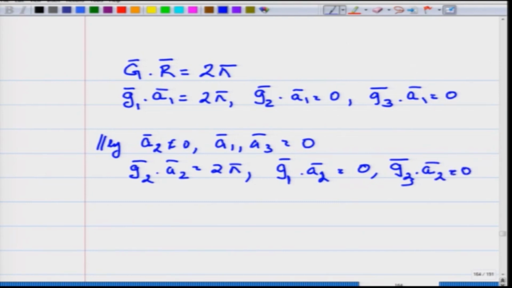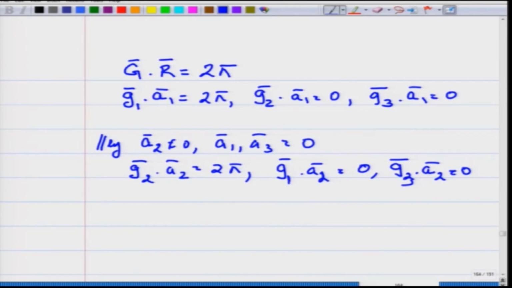So the above condition, G1 dot A1 equal to 2 pi and G2 and G3 dot A1 equal to 0, suggests that G2 and G3 are perpendicular to A1. So this directly gives us a way to construct G1, G2 and G3.